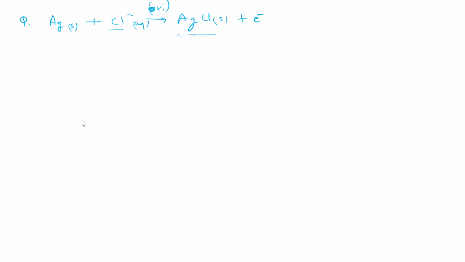If you are mentioning the reaction in this way, then how can we write this? Like Ag solid gives Ag plus aqueous plus electron. Are these two reactions similar or different? It should be similar, sir.